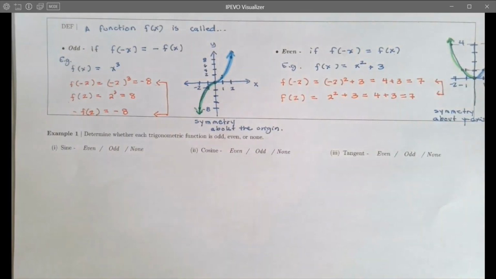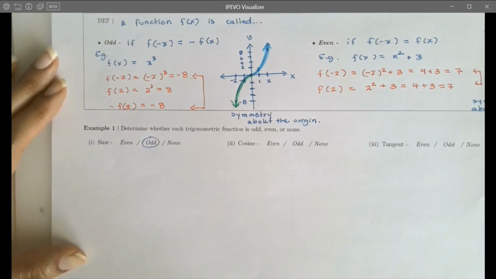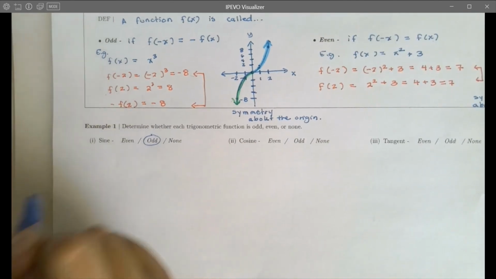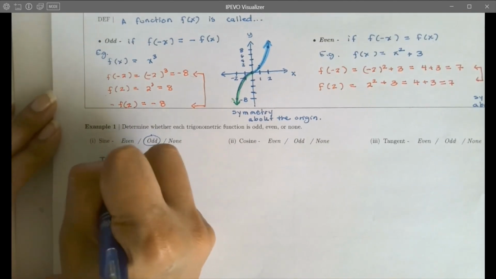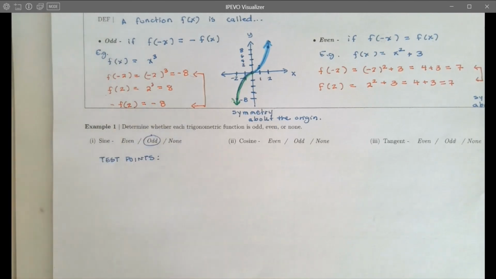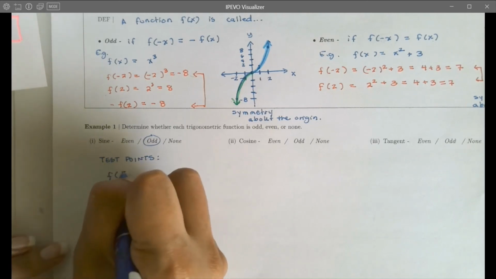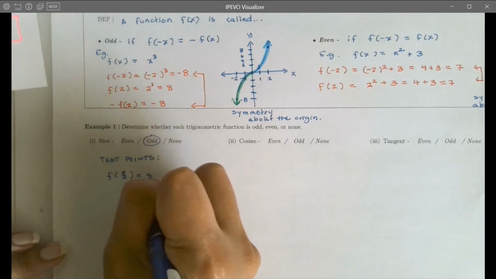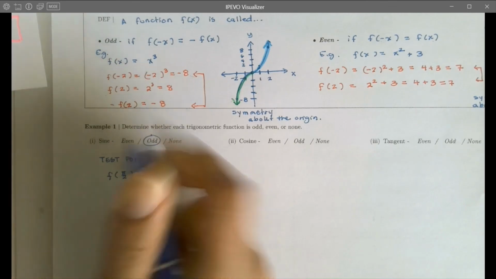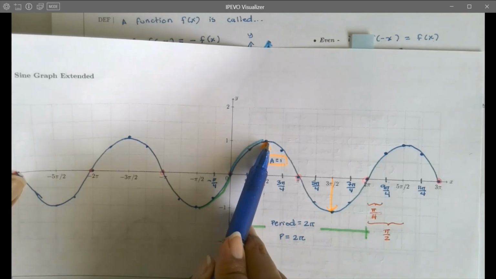So here we're going to select odd, just to test some points and verify that that is indeed the case, because we did it by looking at the graph, but we could also just take some points and verify. If I take, for instance, f of pi over 2, meaning if I plug pi over 2 into sine, well, sine of pi over 2 is going to give me a 1, right?